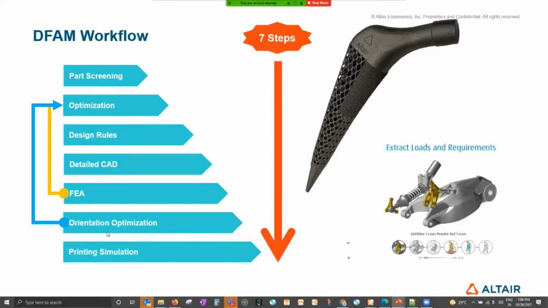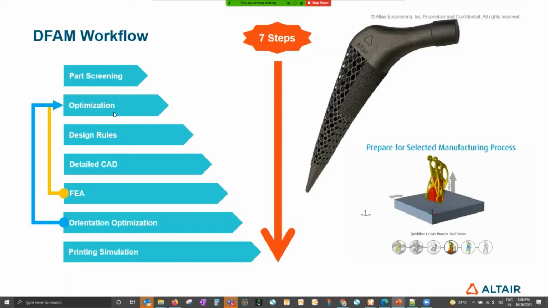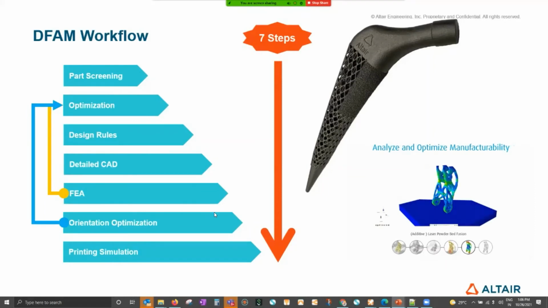Similarly, when you are in the orientation optimization study, you may get a different orientation than the orientation constraint you have given. If you remember, we have an orientation constraint, or rather 3D printing constraint, available during optimization. After running the optimization study, when you came to the orientation optimization simulation in Print3D, you saw that there might be another, better orientation available.